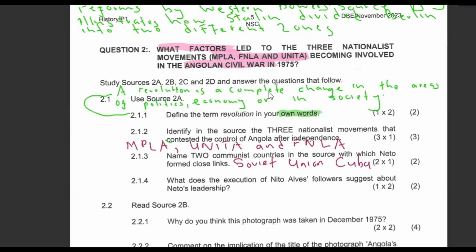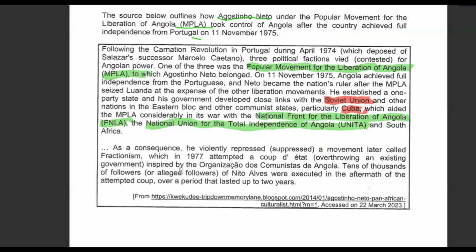Then if you go to 2.1.4: What does the execution of Neto's followers suggest about Neto's leadership? If we go back to the source, I think you can recall the part where it is written that he violently repressed a movement later called fractionism, in which a 1977 attempted coup d'etat was aimed at overthrowing the existing government.